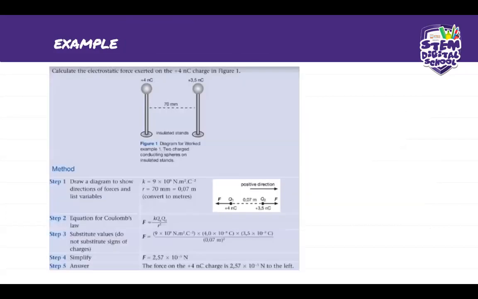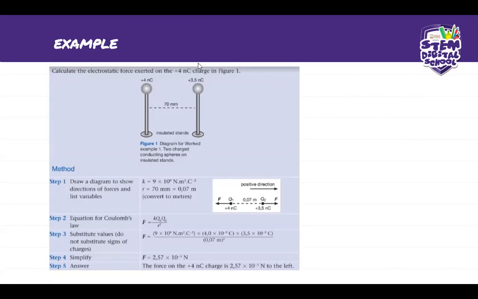Okay, so now we've got an example right here. This example says, calculate the electrostatic force exerted on the 4 nanocoulomb charge in figure 1.